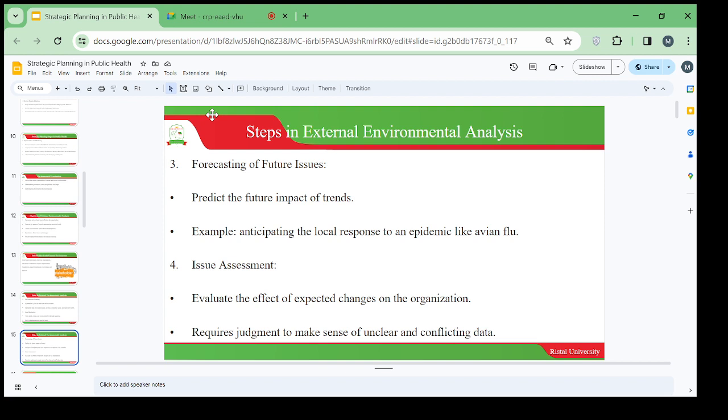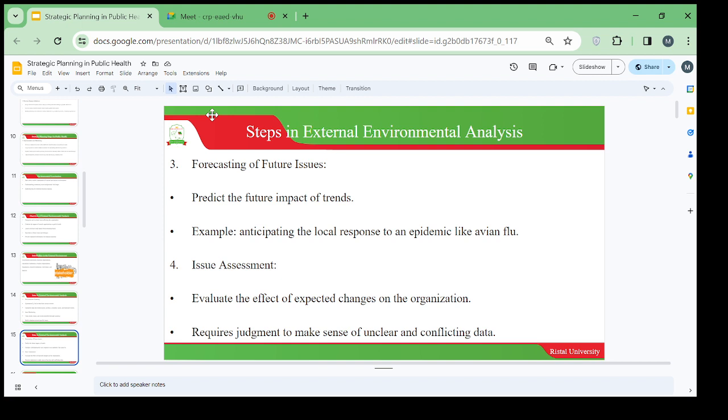And then we move to step 3 of external environmental analysis, which is forecasting of future issues. Having known the trends, you can tell what the future looks like. So that's also another aspect that you can do. And then issue assessment.